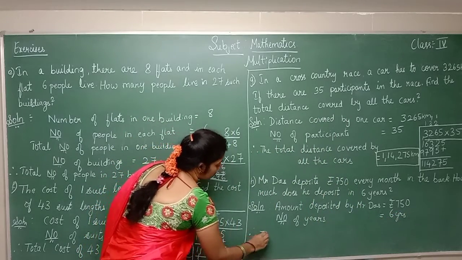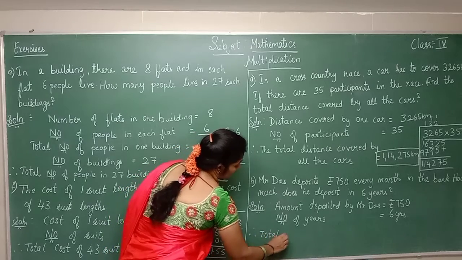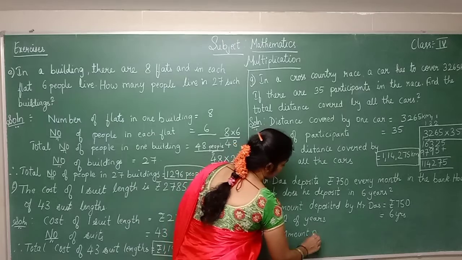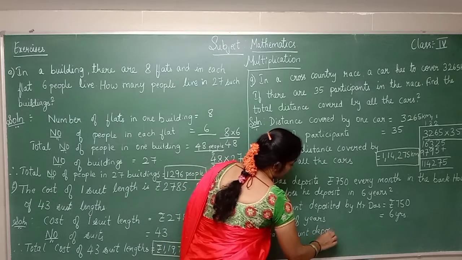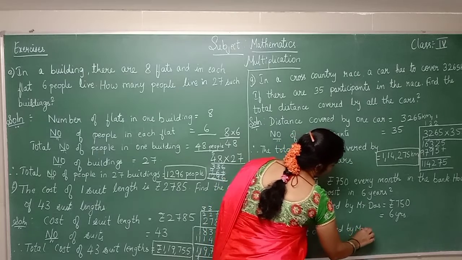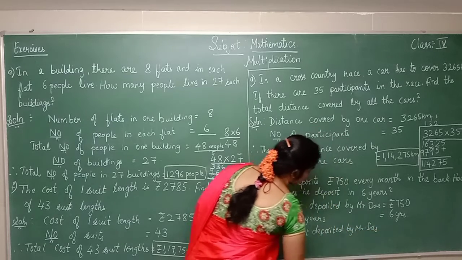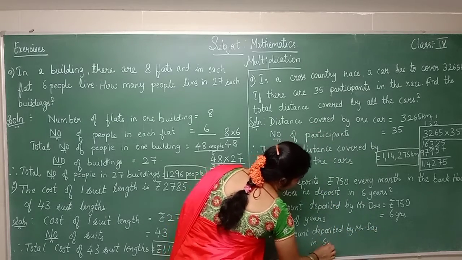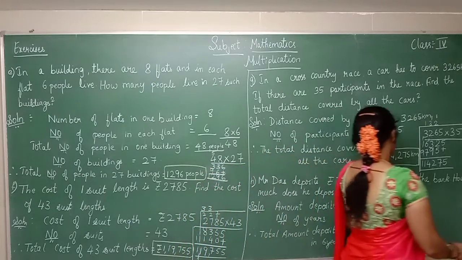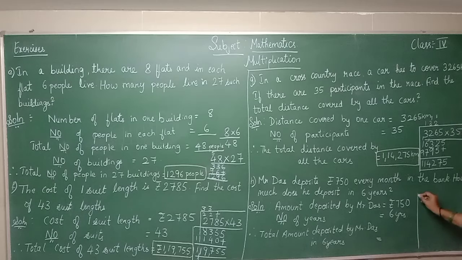Therefore, total amount deposited by Mr. Das in 6 years is equal to how much? So we do the working column here. 750 into 6.